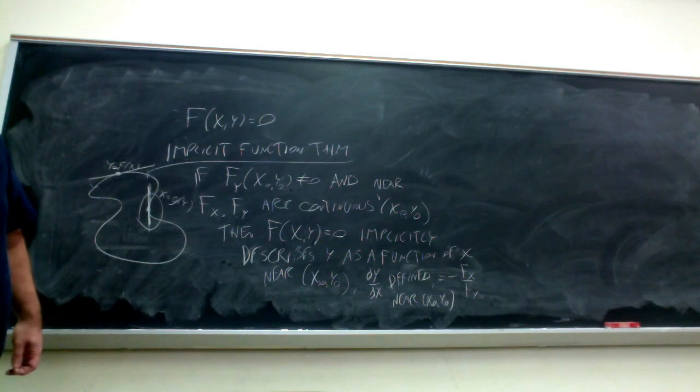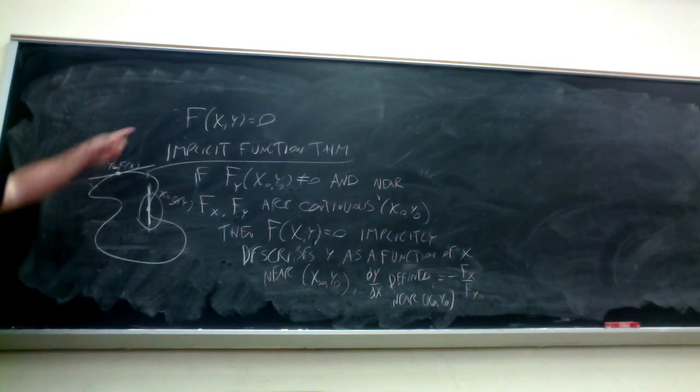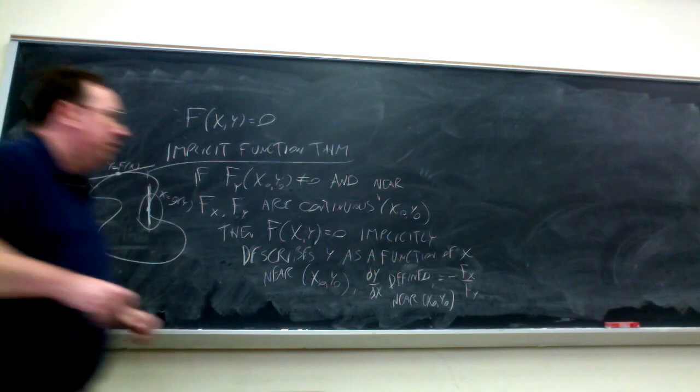Now, in every case that I've talked about here, you only have one dependent variable. So it was y in this case, and then for the case of a surface, the dependent variable was z. The implicit function theorem can also be stated in a case where you have more than one dependent variable.